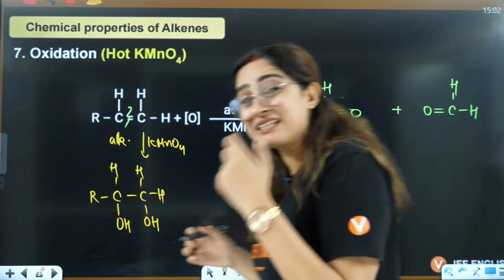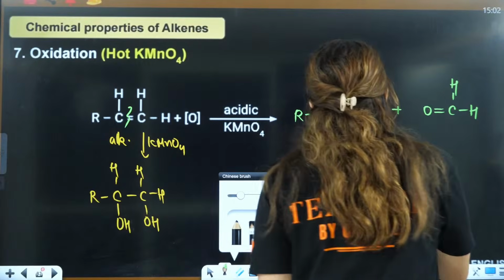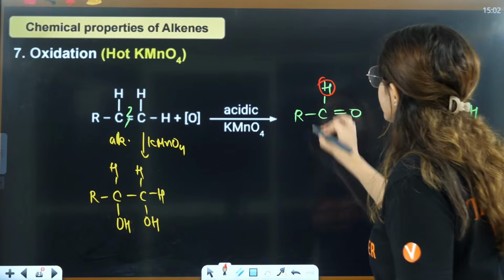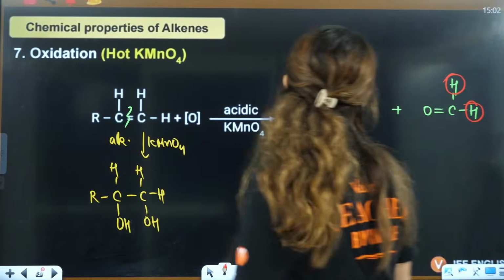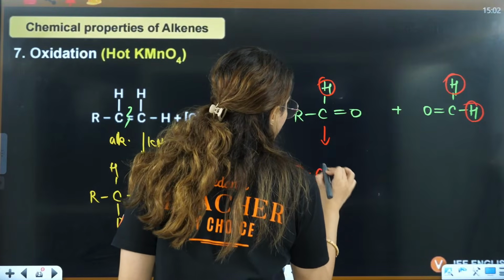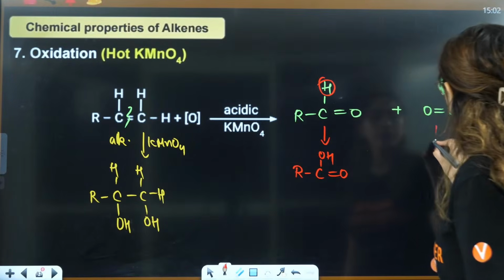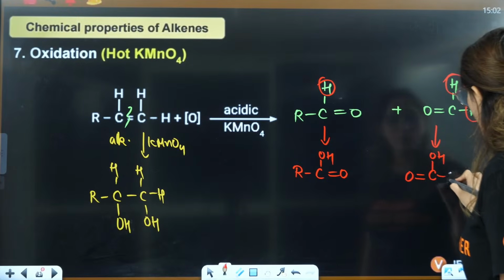Because it is further being oxidized, because it is hot KMnO4. So again, the hydrogen that is directly attached to the carbonyl carbon will be converted to OH. So here this will be converted to RCOOH, C double bond O. This is OH, this is OH.